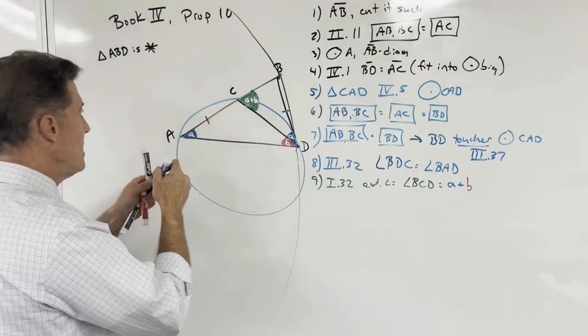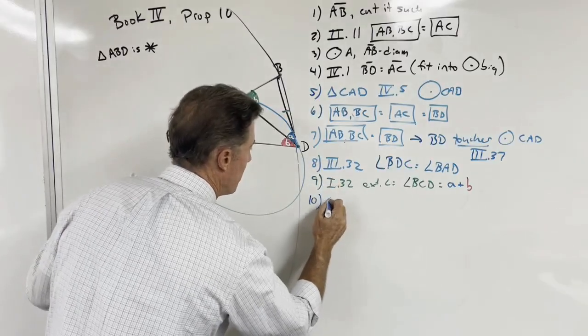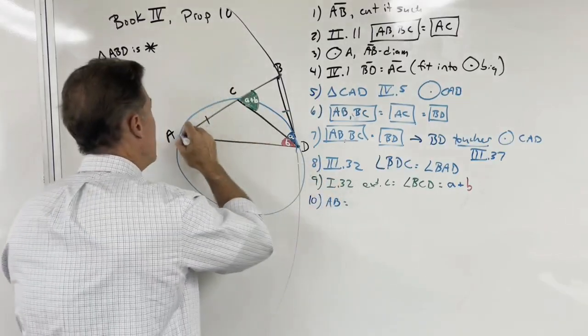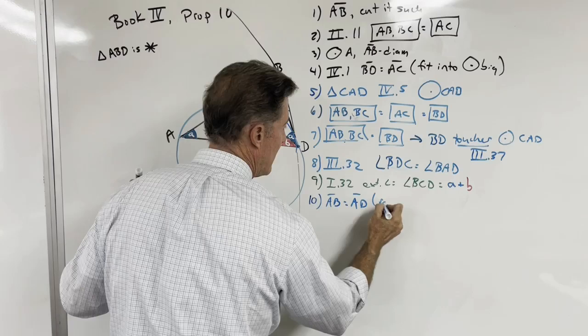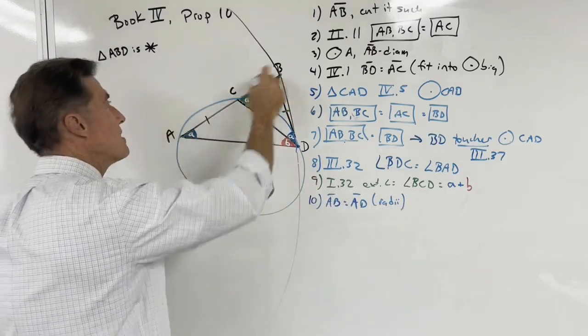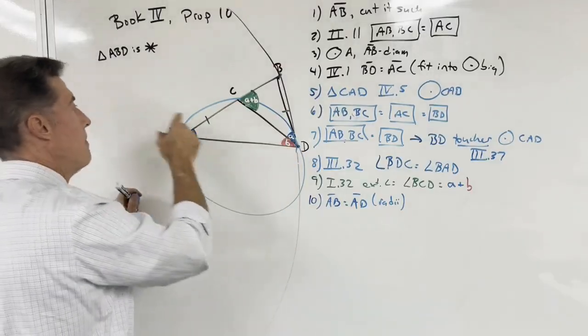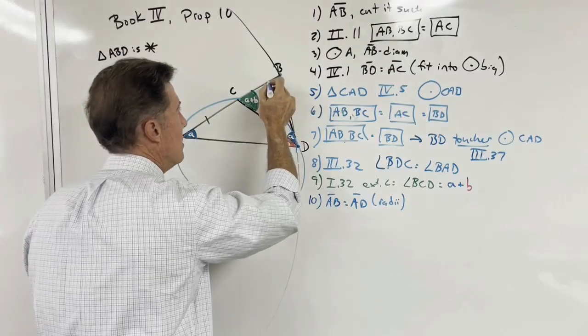But now let's look at what we already know. We also know that AB is equal to AD. Why? Because they're radii of the same circle, our big circle. And so we have an isosceles triangle. That's good to know. And when we have an isosceles triangle, it means that the base angles are equal.